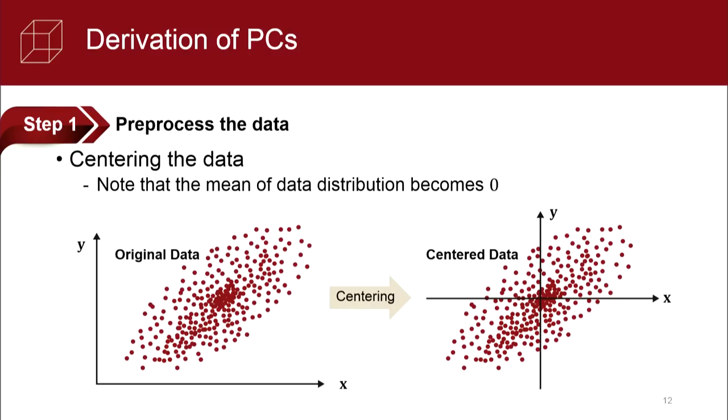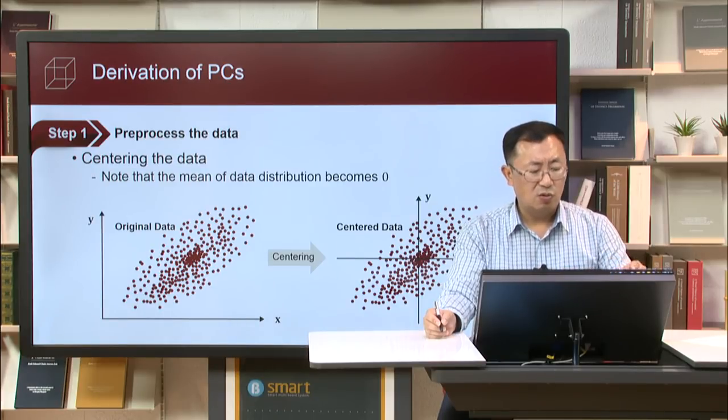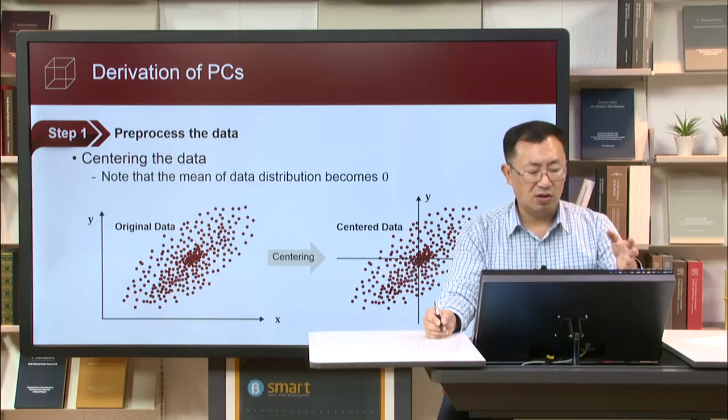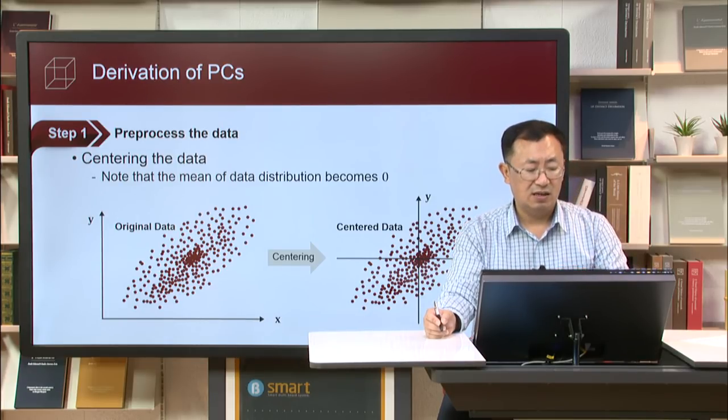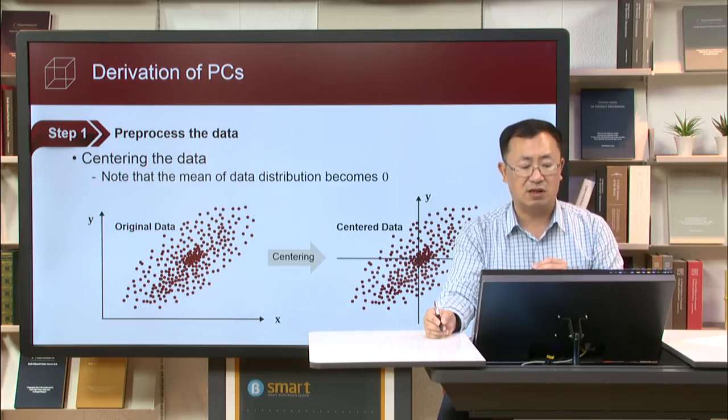All right, so how are we going to derive the principal components? Before applying principal component analysis, we need to do some pre-processing. Basically, in the pre-processing stage, we need to center the data so that the mean of the data distribution becomes 0.